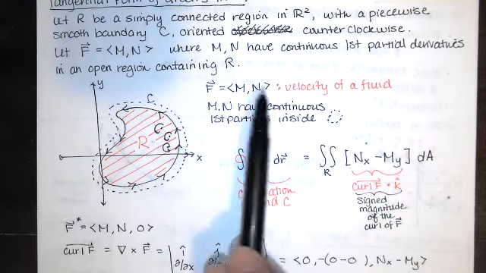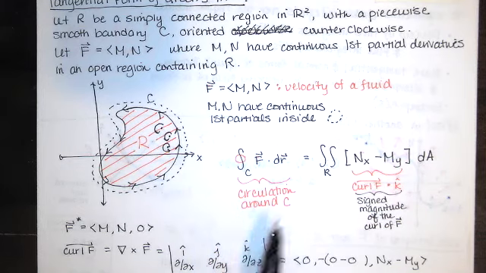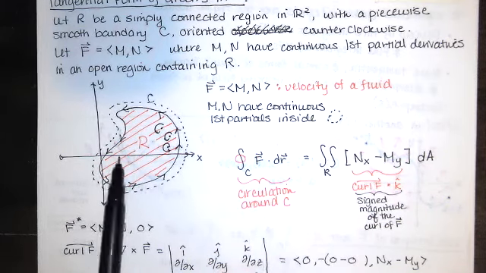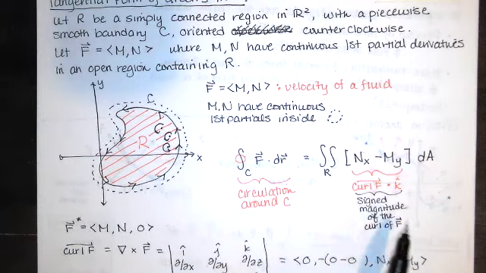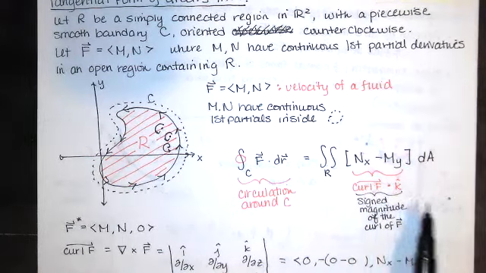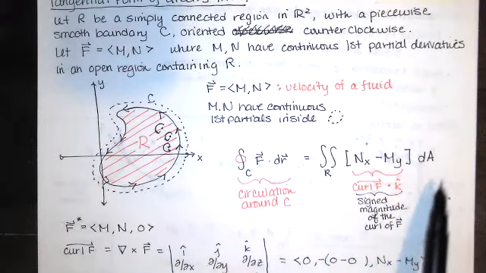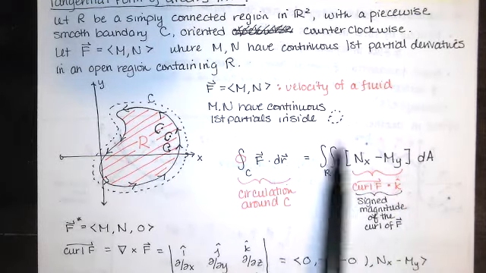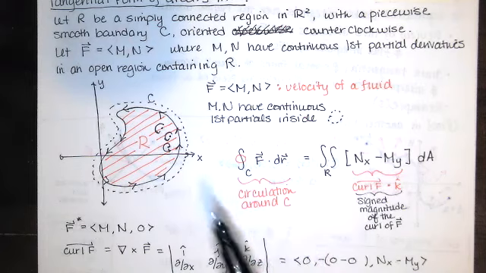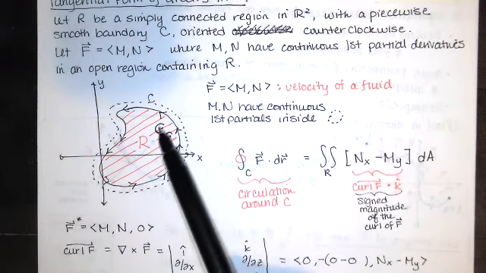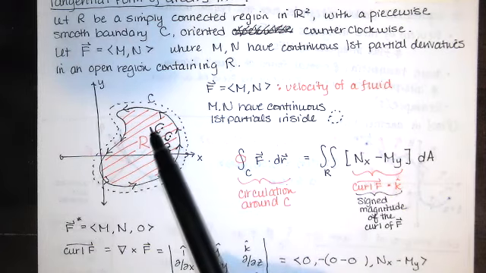And if F represents the velocity of a fluid, that means the circulation around the boundary is equal to this signed magnitude of the curl of F times dA, the sum of all of those pieces.